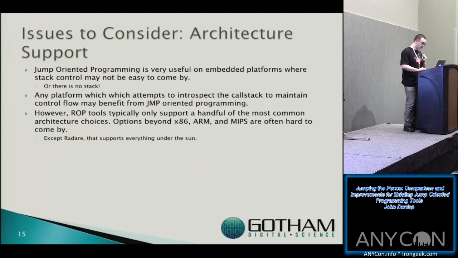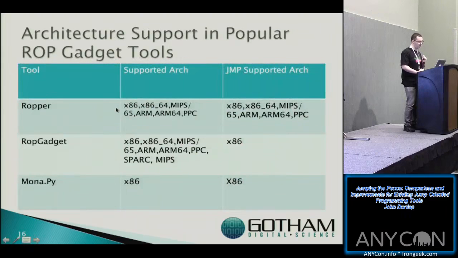So I'm going to give you a quick table of the various ROP tools that support JOP and the architectures they support. Across the board, everything supports x86, okay-ish, x64, less so, and then as we get into embedded things or PowerPC and ARM, it really drops off.